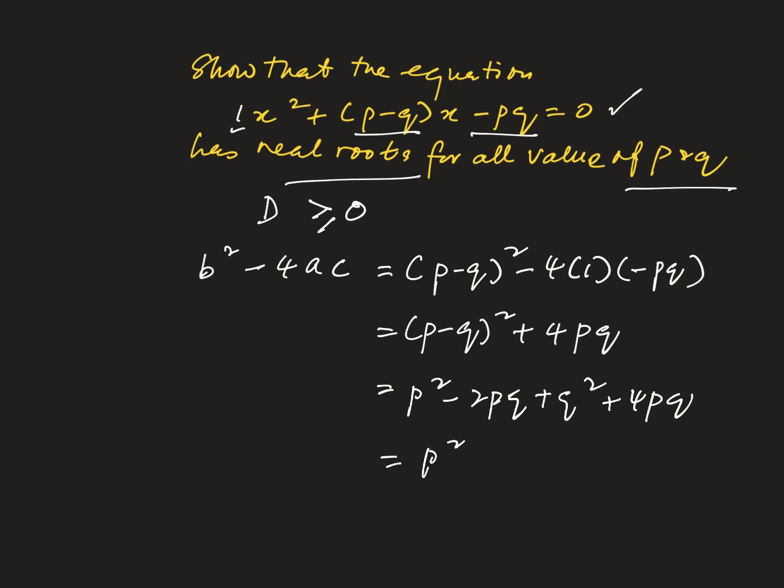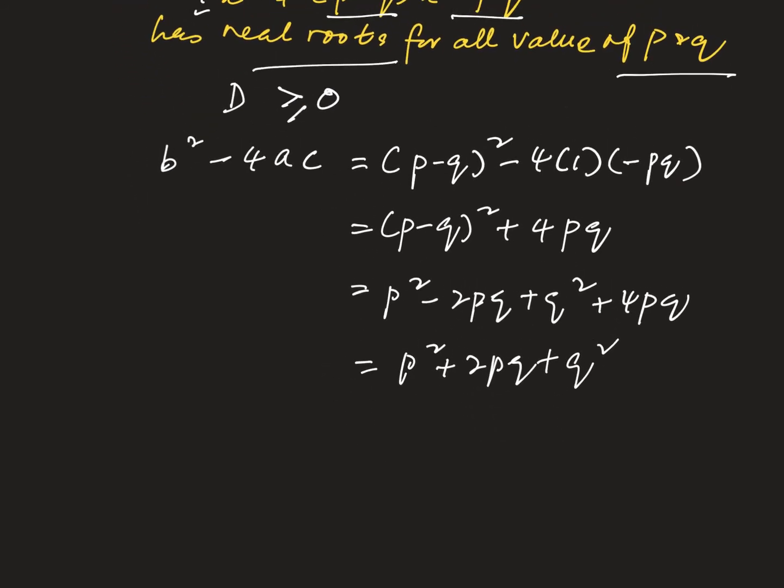That is p squared plus 2pq plus q squared, which can be factorized as (p plus q) squared. Since the square of any number is always bigger than or equal to 0, we can say that the discriminant is always bigger than or equal to 0, and that means this quadratic equation will have real roots for all values of p and q.